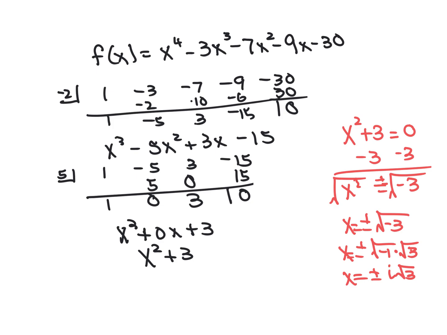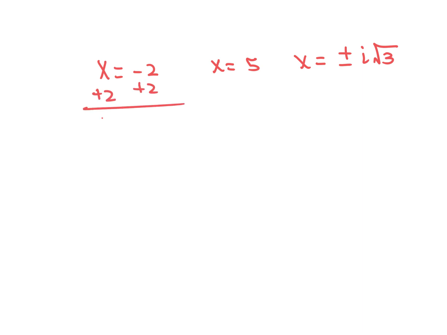So to get my factors, I am now going to take what I have as my solutions: x is equal to negative 2, x equals 5, and x is equal to plus or minus i times the square root of 3. Working backwards, I'm going to get x plus 2, and x minus 5. And I have to break these apart.